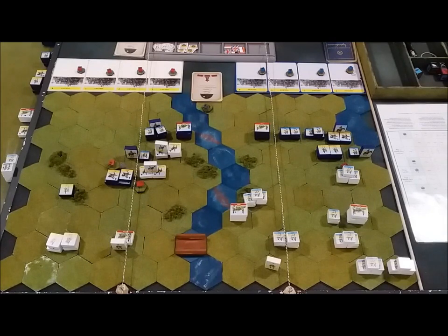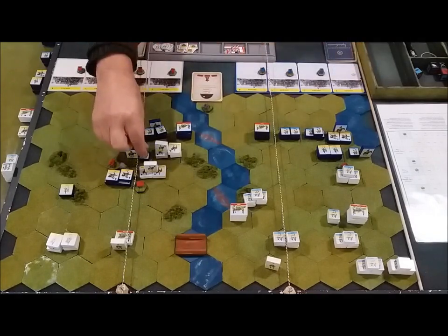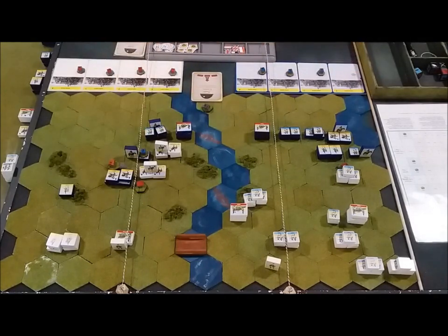So does the light unit wish to go into square? And I would say they probably want to, so at least they get an attack in before anybody else does. They do have a first strike.